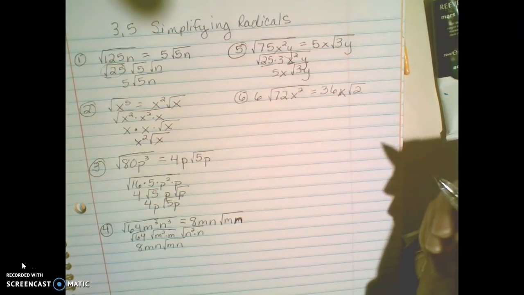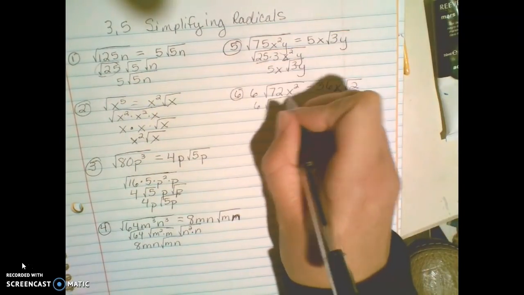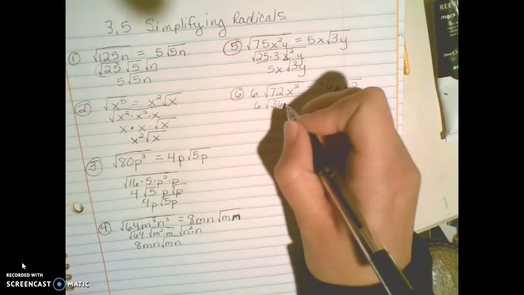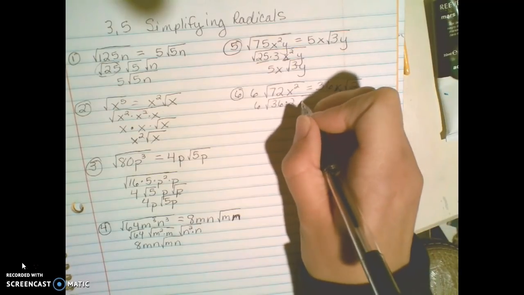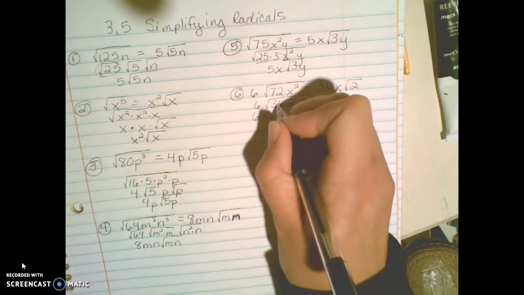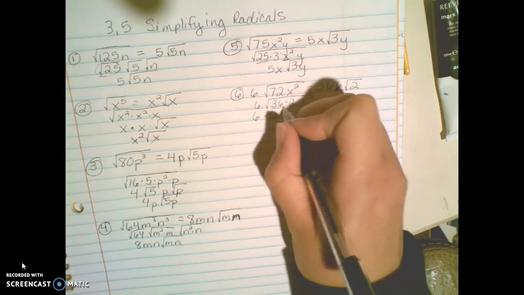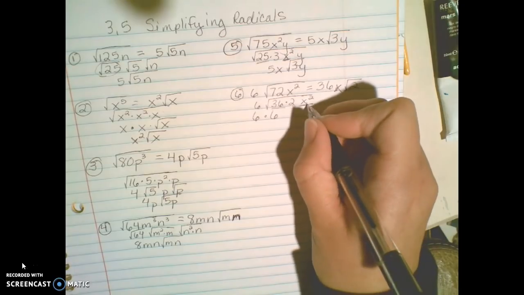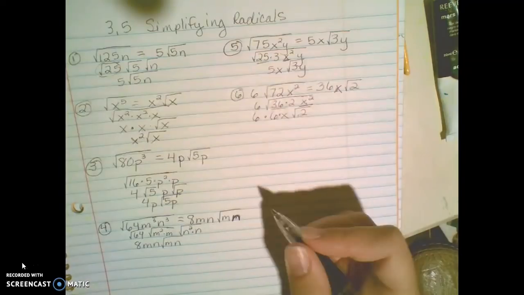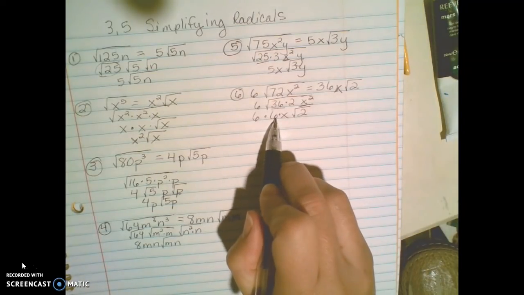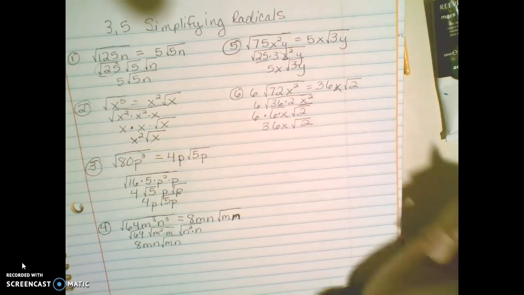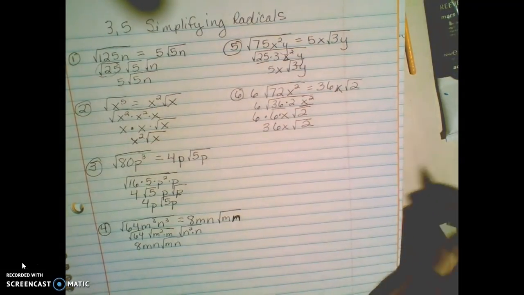And the reason behind that is that 72 can be divided into 36 times 2, and then x squared. And so we have 6 out here. Square root of 36 is 6, so we can take that out. We can take the x squared out, and that becomes x, and then the square root of 2 stays in there. So 6 times 6 is 36x square root of 2.